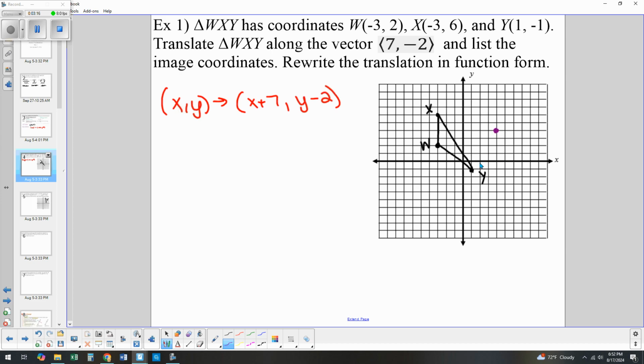And now I have to figure out what I'm going to name this point because it can't just be X again. It has to be something different. So the image is going to get a little apostrophe on the point name, and we're going to call it prime. So this is X prime at (4, 4).